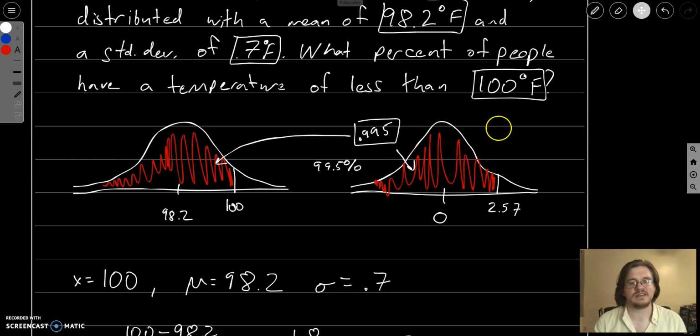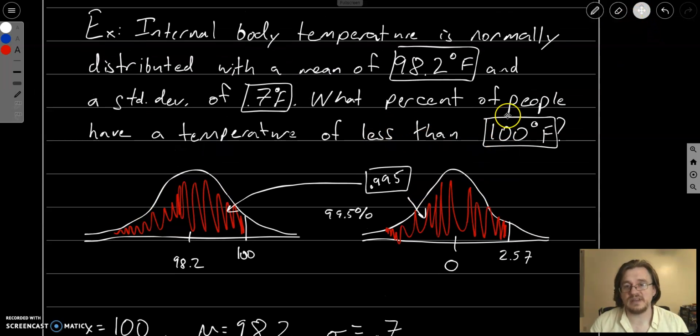Another way to phrase this is, what is the probability that a randomly selected person will have a temperature less than 100? Well, the probability is 0.995. So I will do a few more examples of this in the next video.